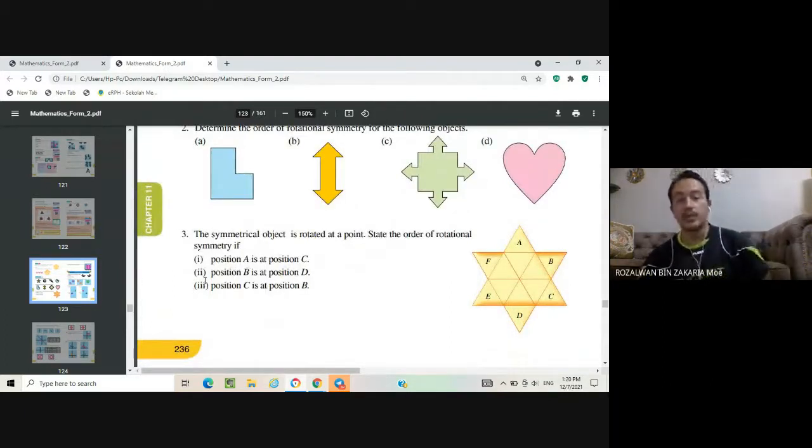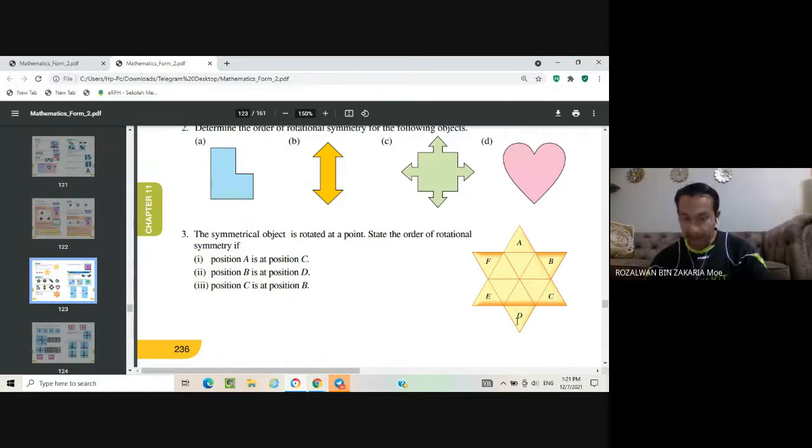For 3-2, position B is at position D. How to do this one? B to C, first order. Then C to D is the second order. So the answer is also the second order. The last one, position C is at position B. How many orders?